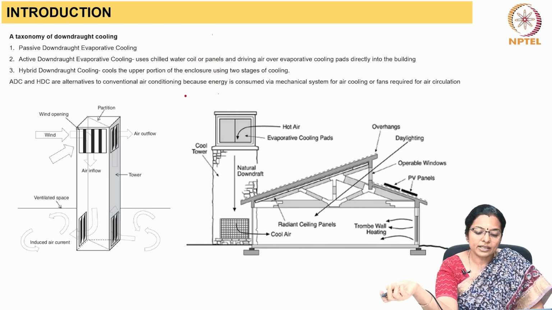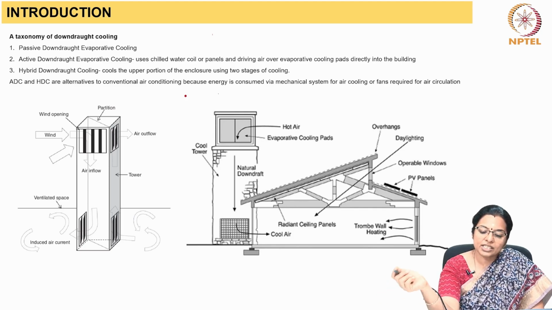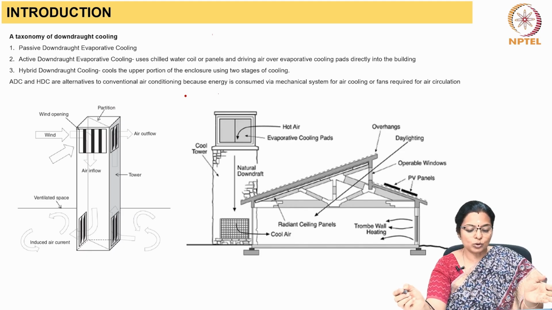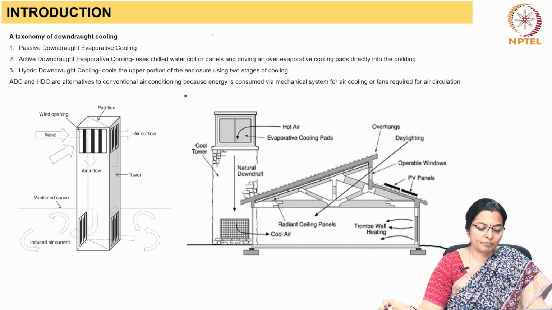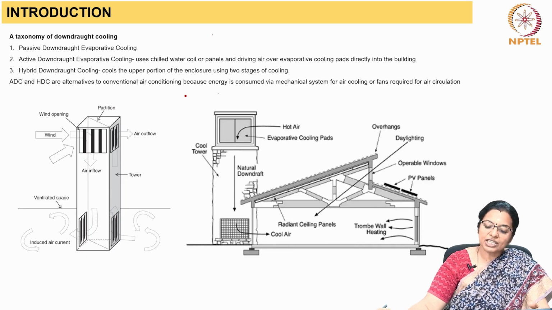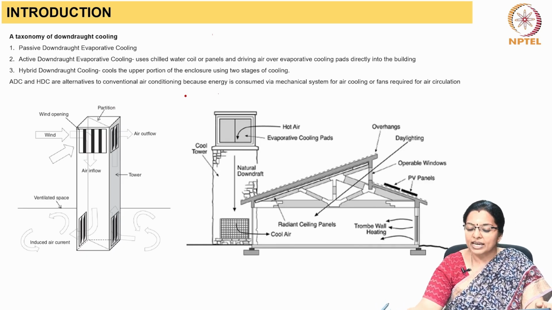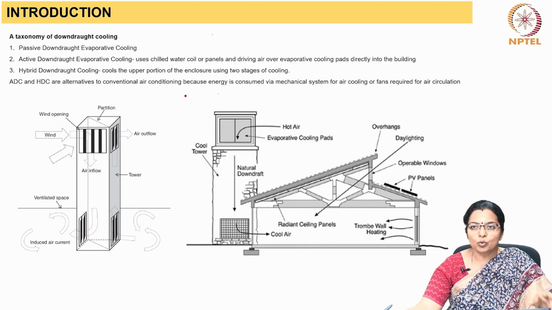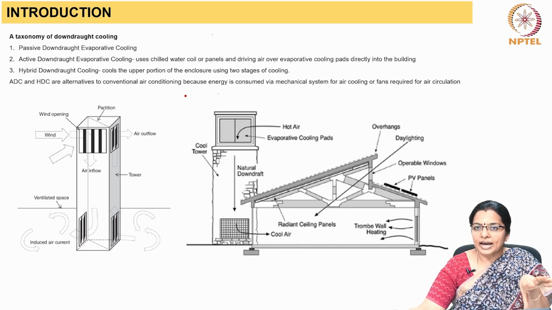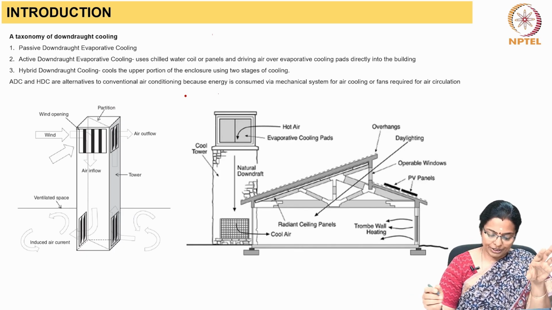There is a hybrid downdraft cooling which has the coils in the upper portion of the enclosure using two stages of cooling. You have active downdraft as well as hybrid downdraft cooling. These are alternatives to conventional air conditioning because energy is consumed through mechanical system for cooling the air, and fans are required for air circulation.